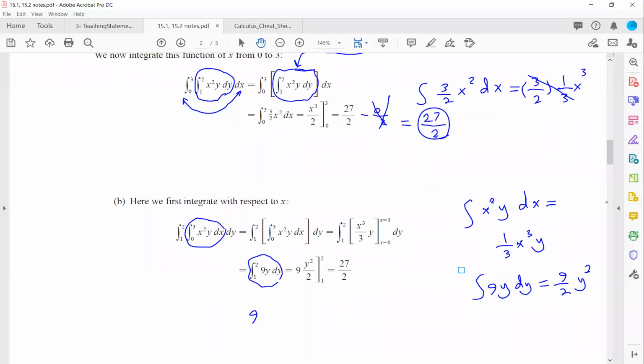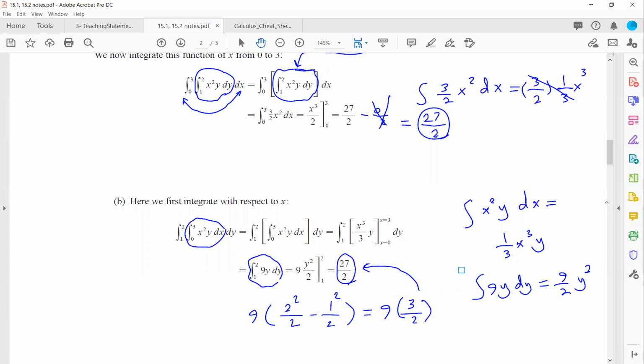Here you have 9 times 2 squared over 2 minus 1 squared over 2. So you have 9 times 4 minus 1, 3/2, which is equal to 27 over 2.